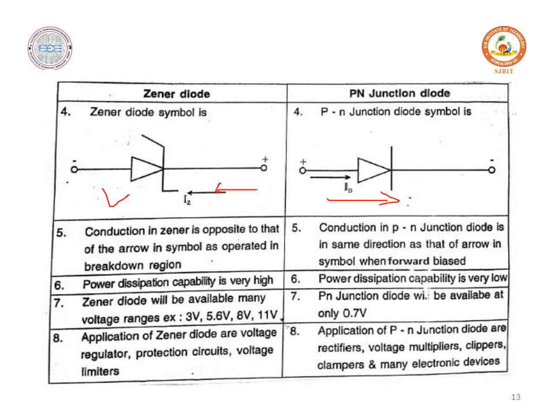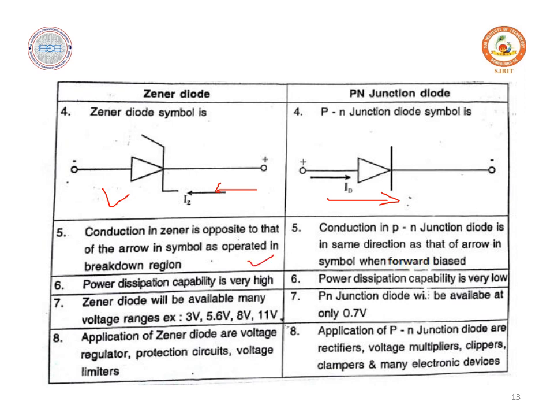In the Zener diode, the current you can consider as IZ. Fifth point, conduction in the Zener is opposite to the arrow in the symbol, as it operates in the breakdown region, but in the PN junction diode, conduction is in the same direction as the arrow in the symbol when forward biased.